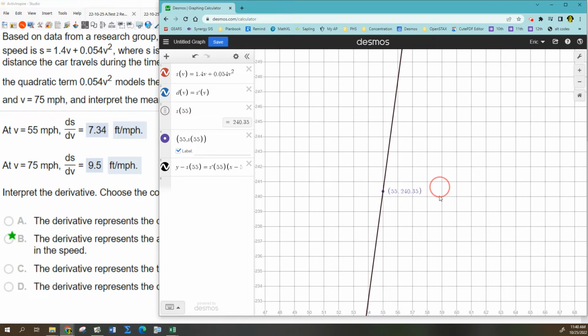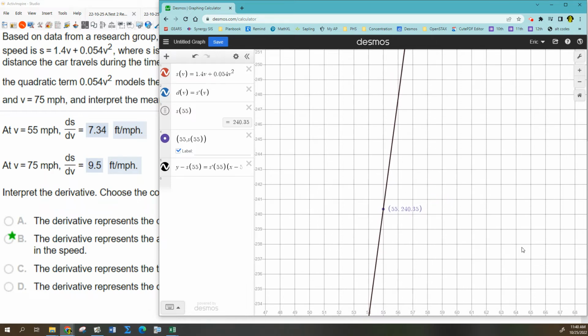Okay, that's helpful. There's the tangent to the curve, right? Okay, so what's this really saying? Let's find the value of the tangent line function at 56. Okay.